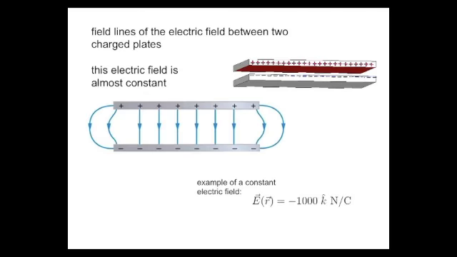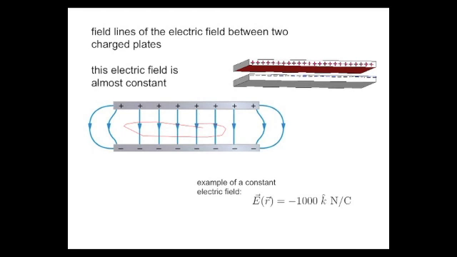Here's an example of a simple electric field produced by two sheets of charge of opposite sign close together. The constancy of the field is shown here in the fact that these field lines are evenly spaced. The field lines are not the same thing as the electric field.